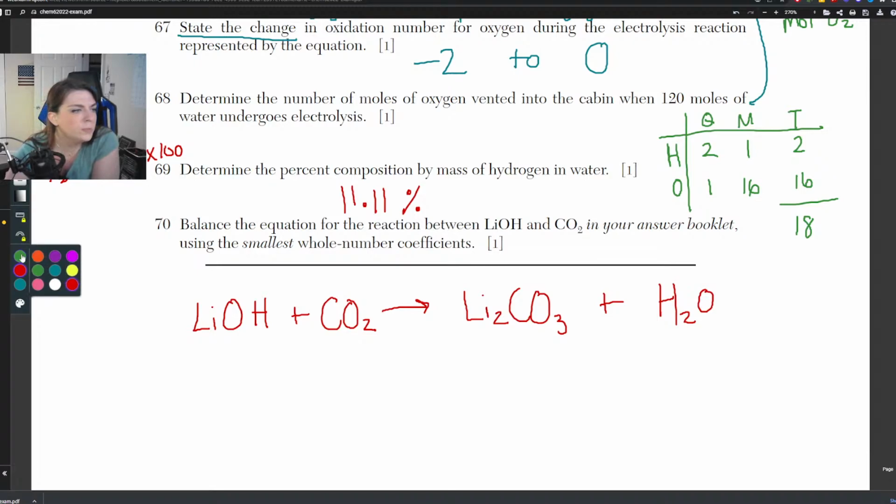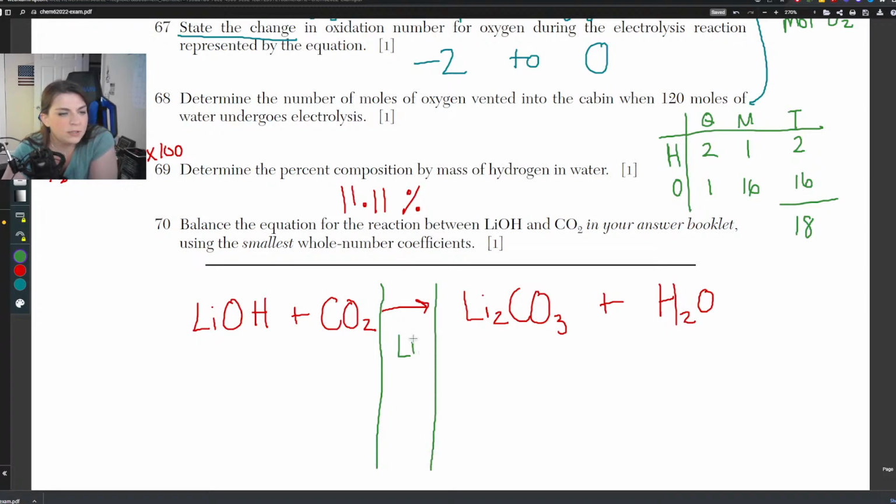Okay, when it comes to balancing, what I like to do is split my reaction into a before and after and line up all my elements. So here I'm working with lithium, oxygen, hydrogen, and then carbon. Now, here's the thing. The oxygen is split, right? We have some oxygens in the lithium hydroxide and some oxygens in the carbon dioxide.